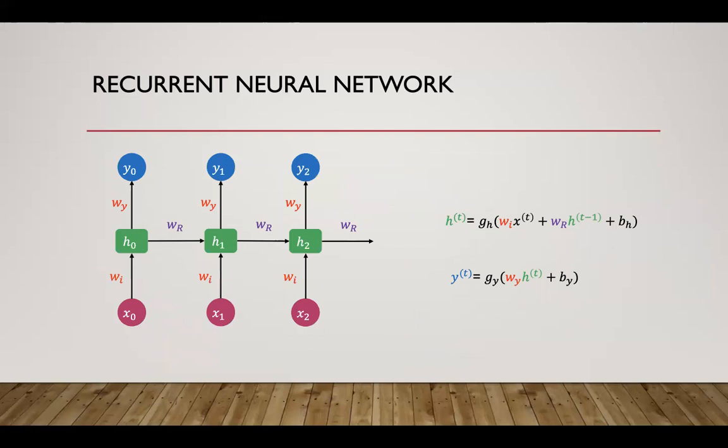Once we get h0, then we plug it into the second equation, multiply by the weight Wy, and add the bias term. We now move on to the next x1 node, and we can use h0 from the previous run to calculate h1. This entire process is repeated until we reach the final yi prediction.